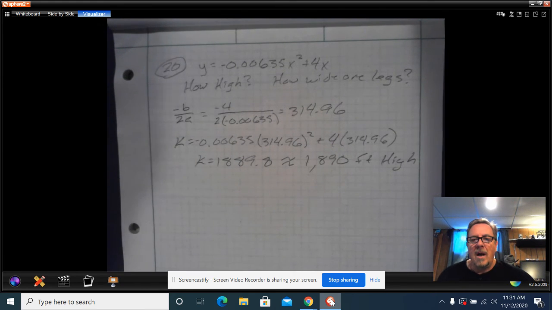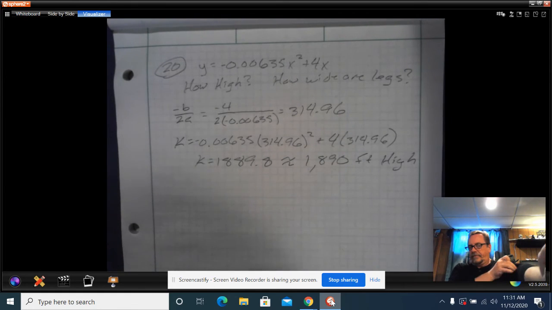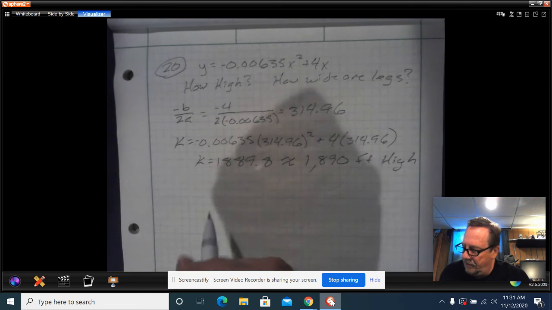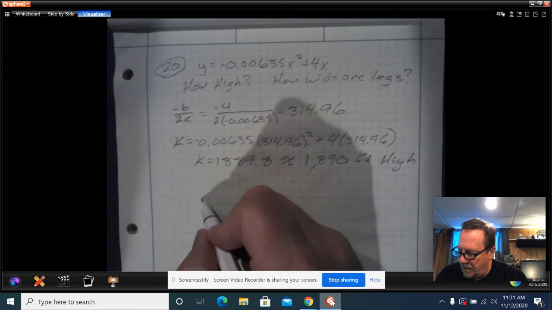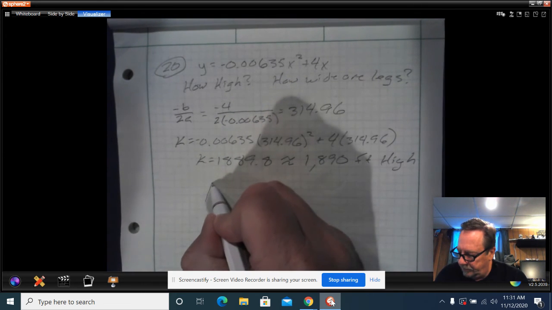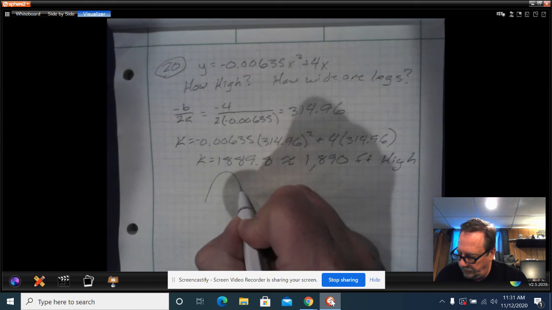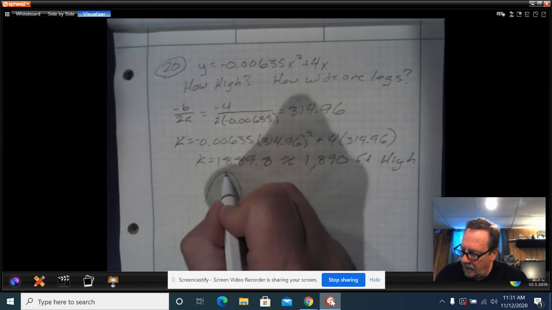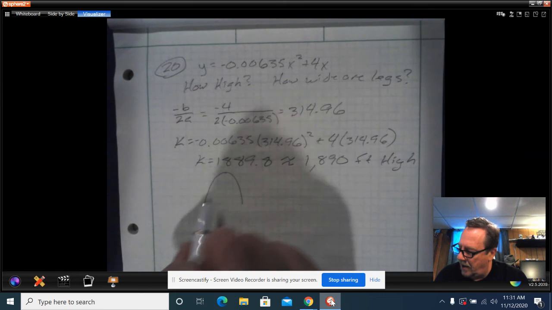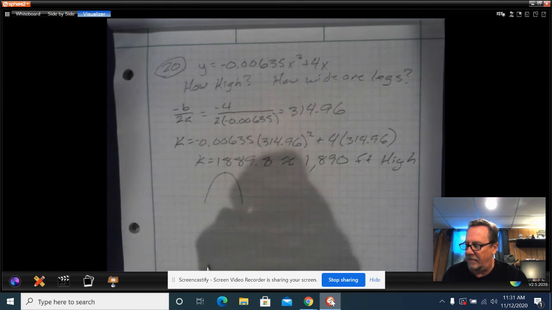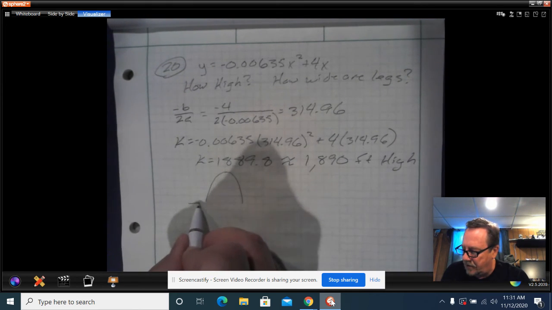How wide are the legs? So let's think about this arch for a second. It goes up and maybe has a height of 1890 at the top, but at the ground, what's its height?